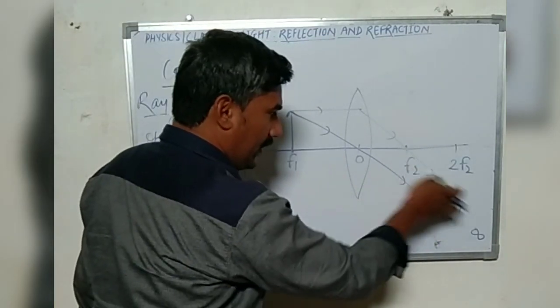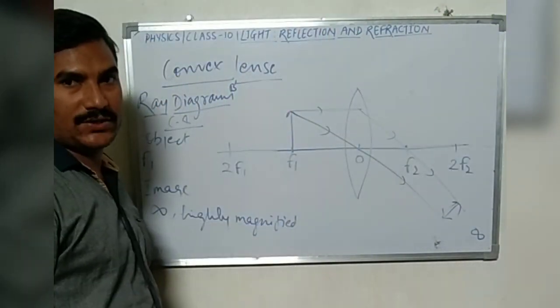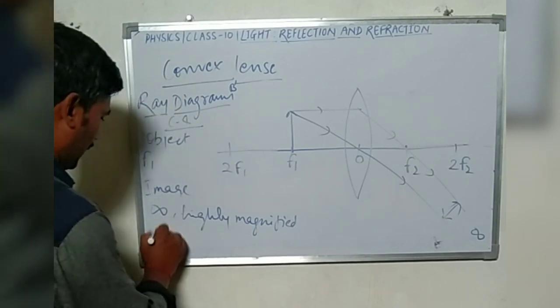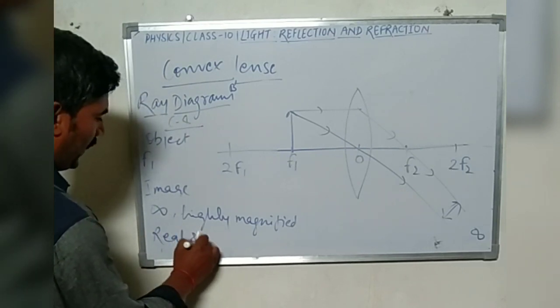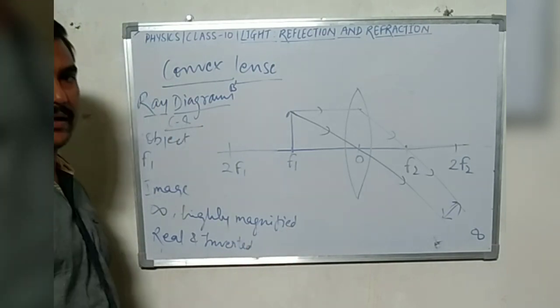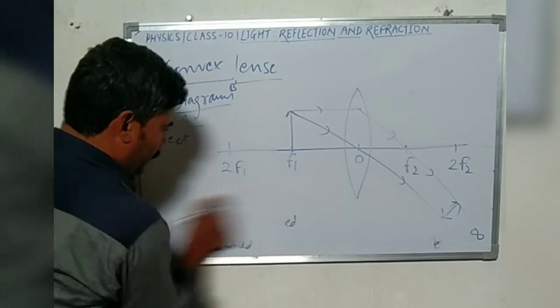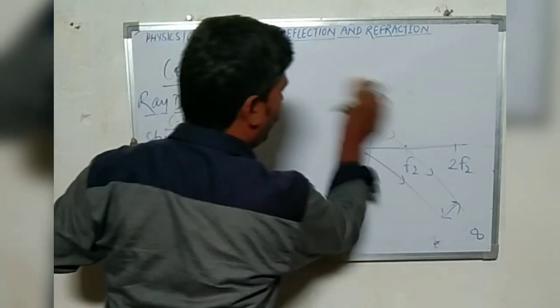Since the rays will actually meet in the proceeding direction, the nature of the image will be real and inverted. Real and inverted.